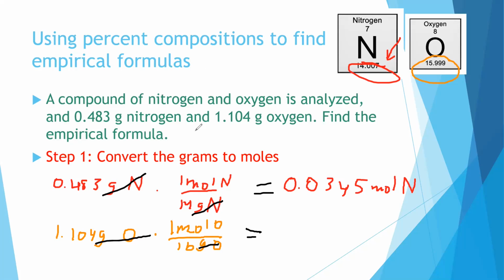When we put it into our calculator, we get 0.069 moles of oxygen. So that's how we do our first step. I hope everyone understands how this first step is done. We convert grams to moles.